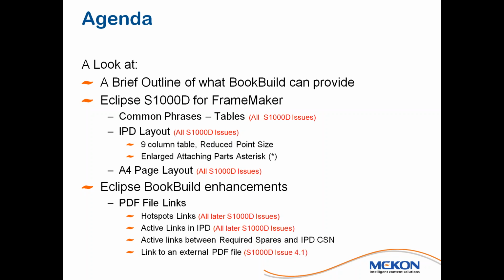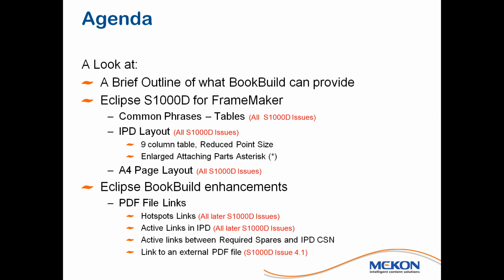The IPD layout, we've added another mechanism for changing the layout, but we won't look at that particularly. And because some of the IPDs get particularly busy, shall we say, we introduced an ability to reduce the point size of the text. There have been general complaints that you can't see much text in the IPD tables, so we've dropped the point sizes down a couple to make sure that you can see what's going on.